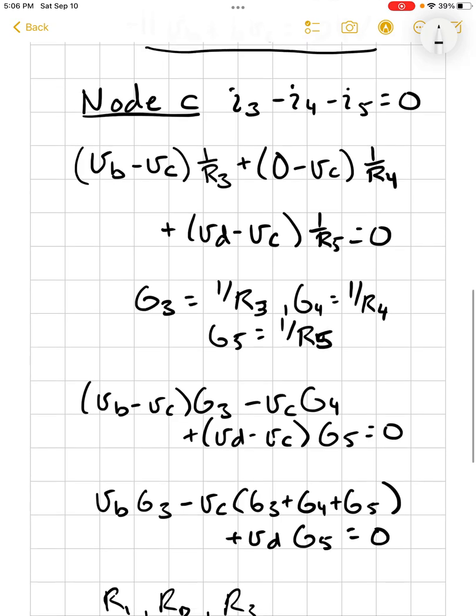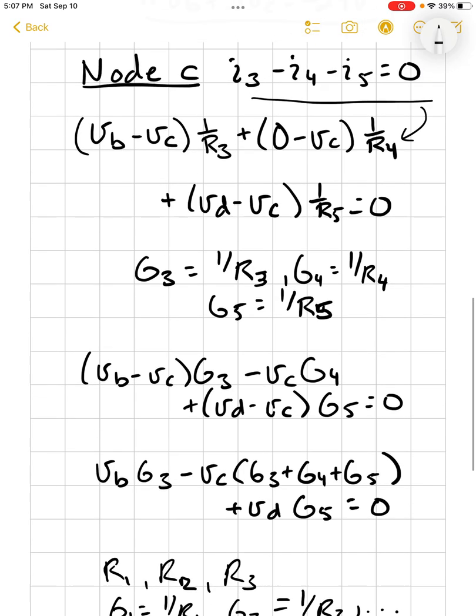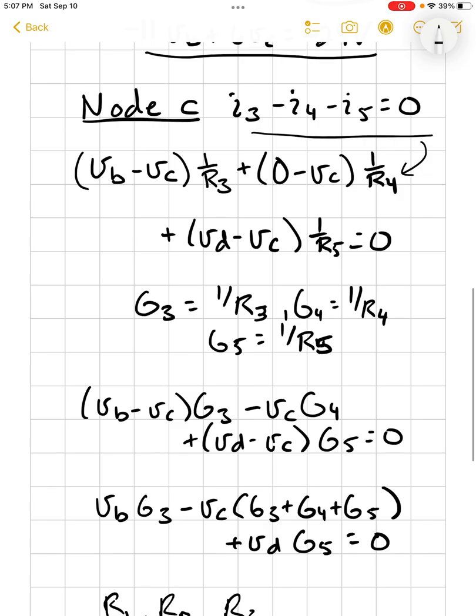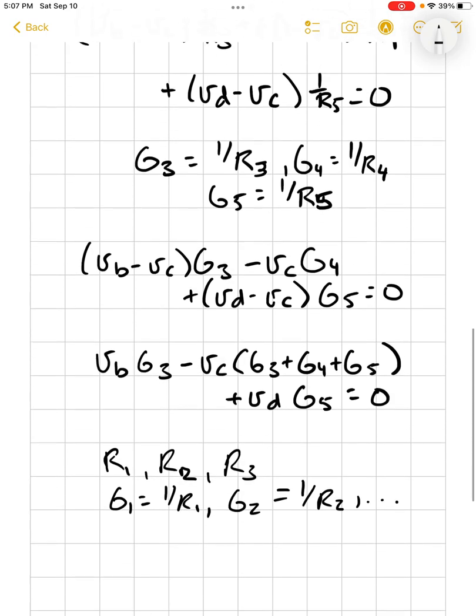Okay, so go back to node C. We're going to rewrite this equation, but we're going to do it in a way that's useful. Now, the other thing I want to mention is when you solve these equations, you should always make sure that all your equations have the same units. So the first equation, everything was in volts, right? We canceled out all of our resistances, so everything's left in volts.